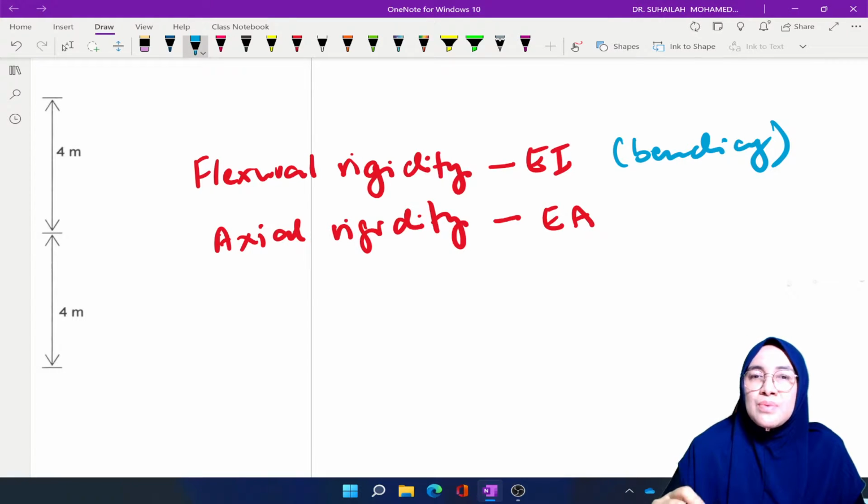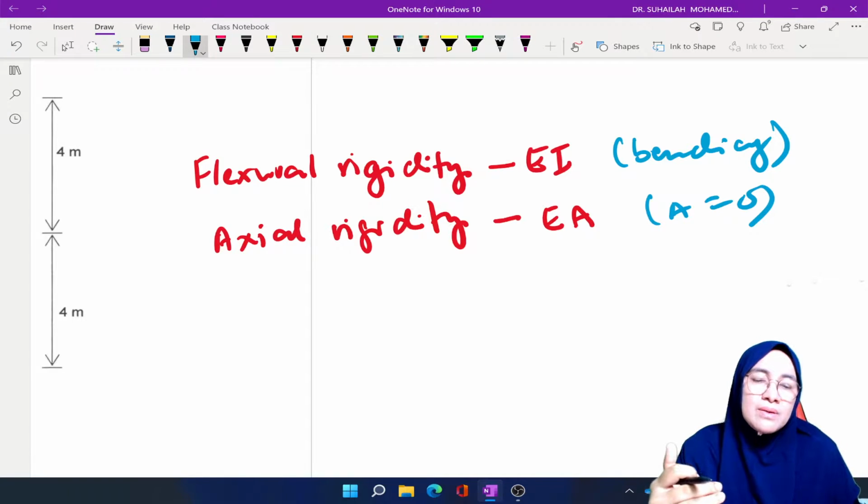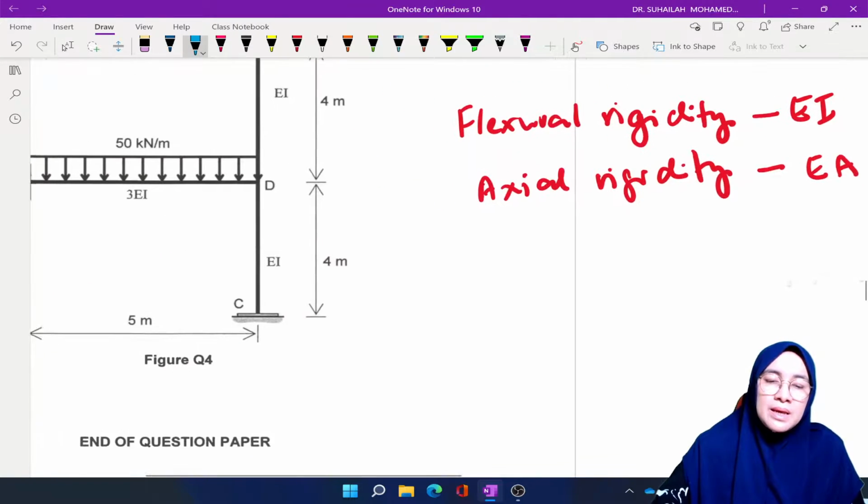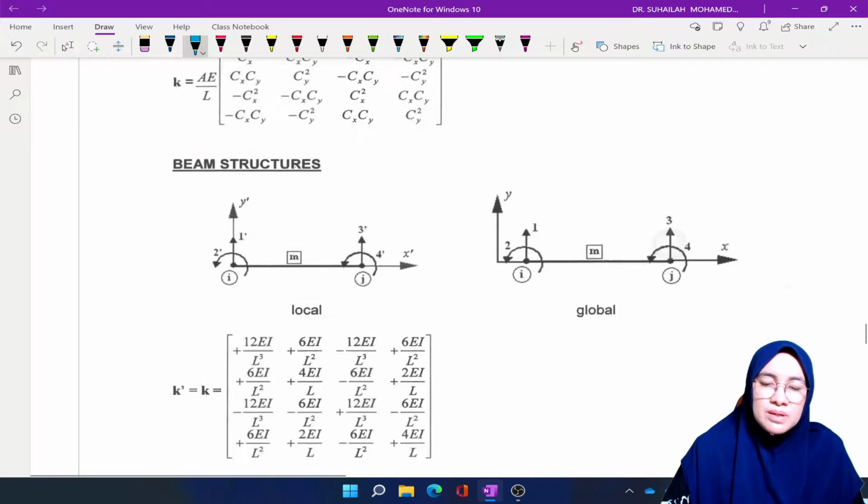Means that we can assume A is equal to 0. But by having a combination of these two, flexural rigidity as well as axial rigidity, what we need to do is, let's look at the formula.